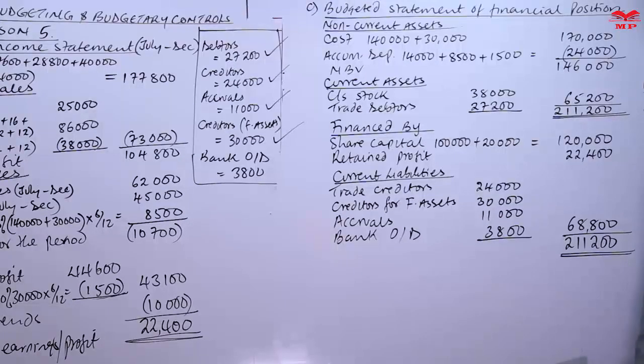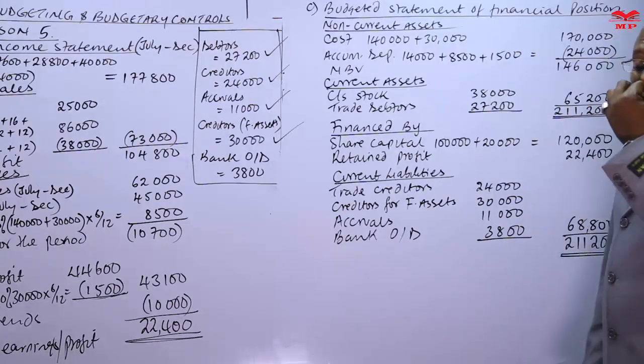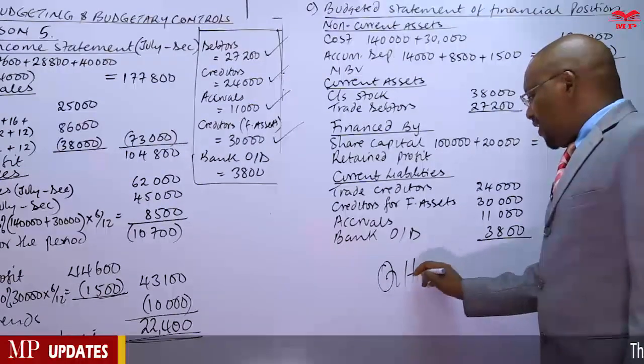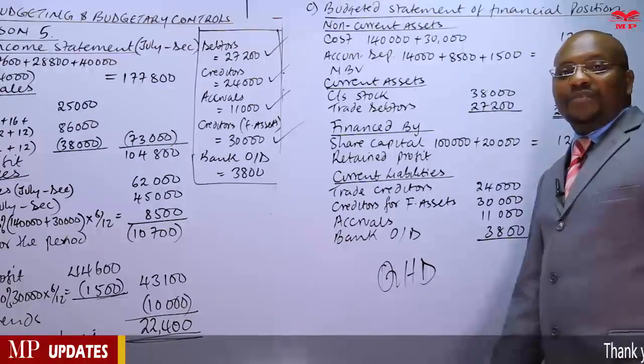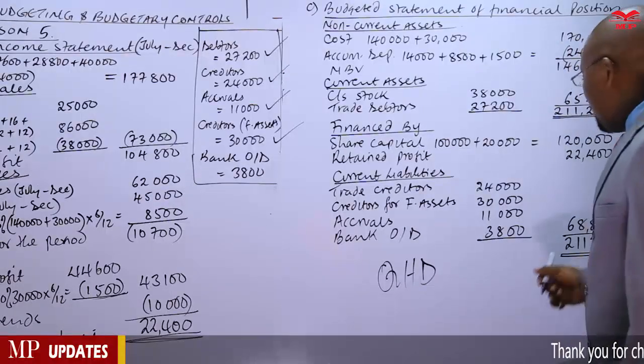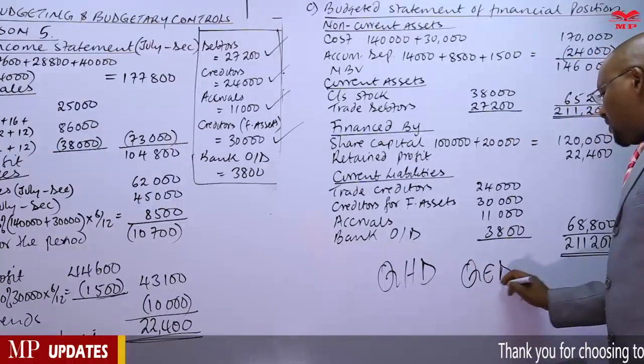It has to balance. When it has balanced with a lot of struggle, I normally tell my students to write "quite hardly done." But when it is balanced without struggle, then it is "quite easily done."